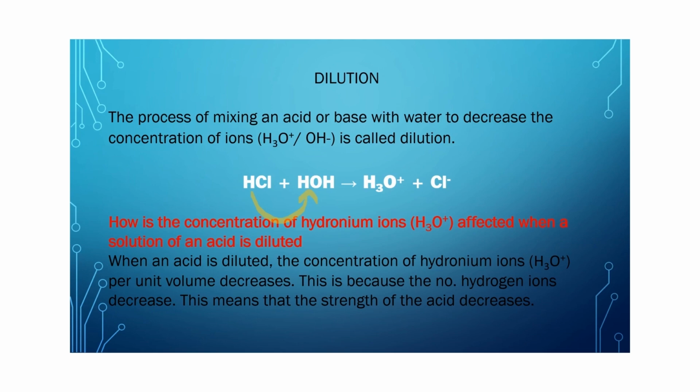That is why it will combine with a water molecule and produce a hydronium ion and exist in this form, and chloride can exist independently. Now since the acid is in lesser quantity because more water is being added, the number of hydronium ions per unit volume will start decreasing, and this is how dilution is done.